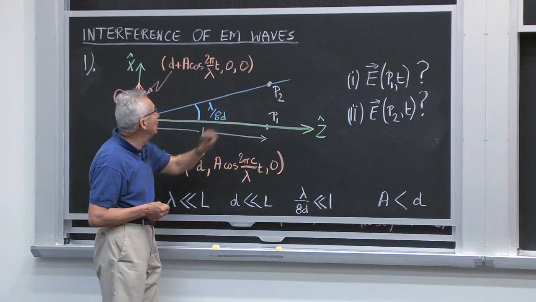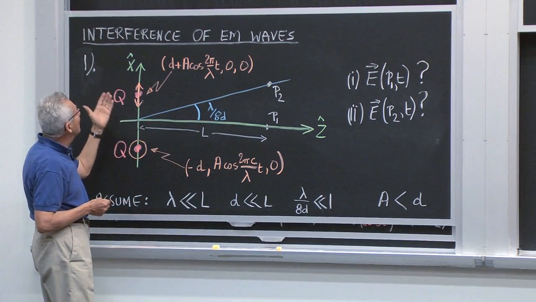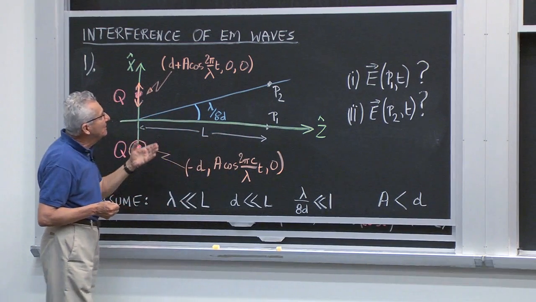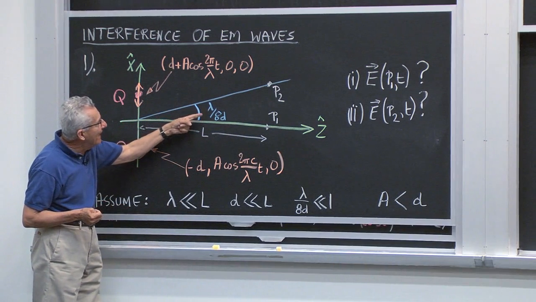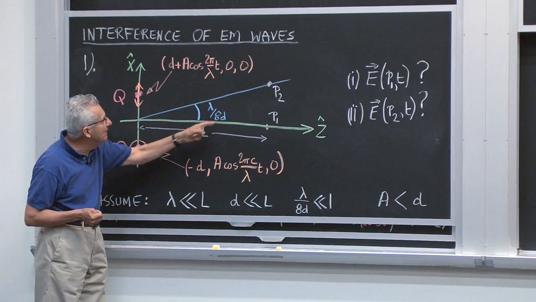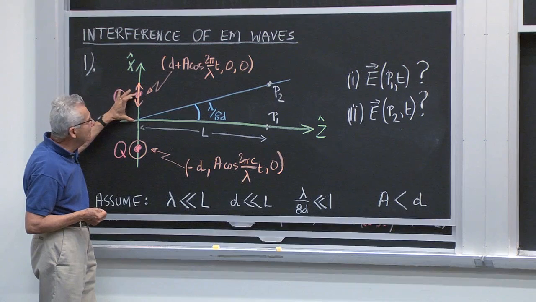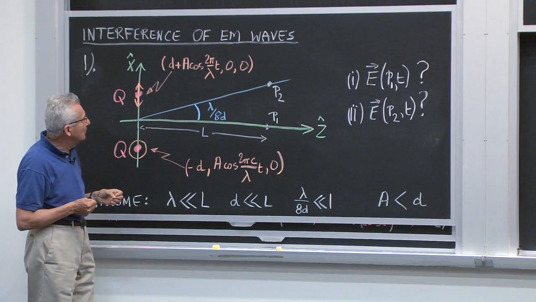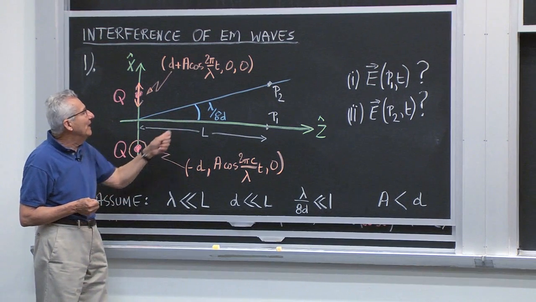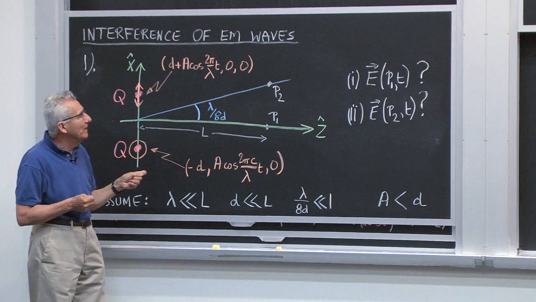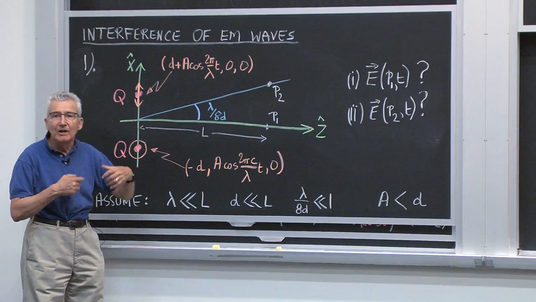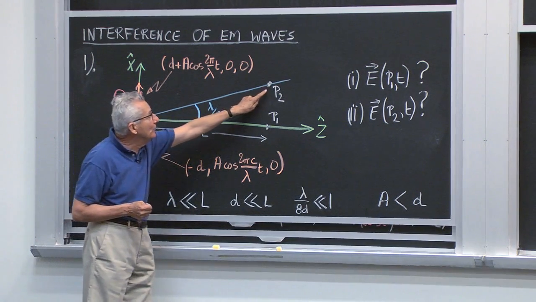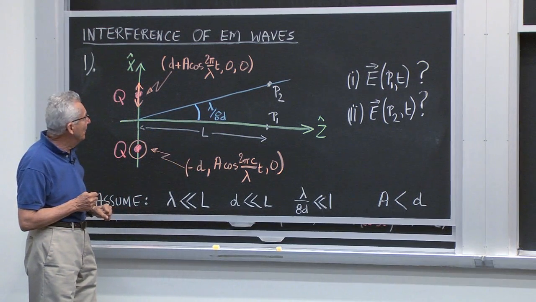I've taken P2 to be in the xz plane, but in a direction at an angle lambda over 8d. D is this distance, lambda is the wavelength of the radiated electromagnetic wave, all right? I've taken this crazy number simply to make the arithmetic come out easy at the end. And so we now want to calculate the electric field here.